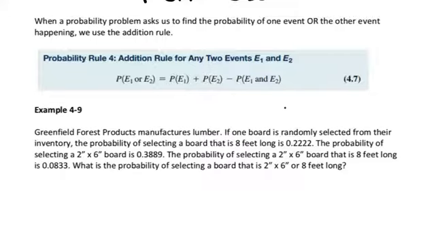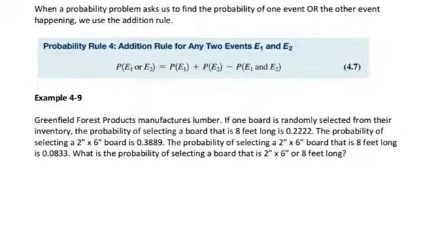Our next rule is for problems that ask us to find the probability of one event or the other event happening. This word "or" is the key word. If we see a question asking us for the probability of something or something else, we use the addition rule. The addition rule is that the probability of either event happening with the word "or" is equal to the probability of the first event plus the probability of the second event minus the probability that they both happen.